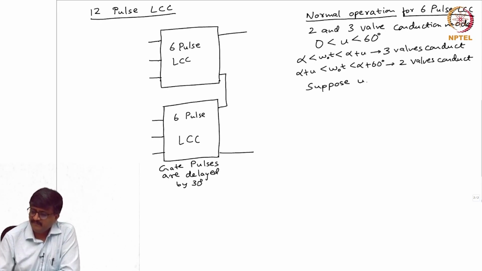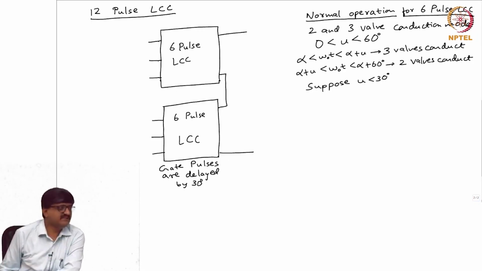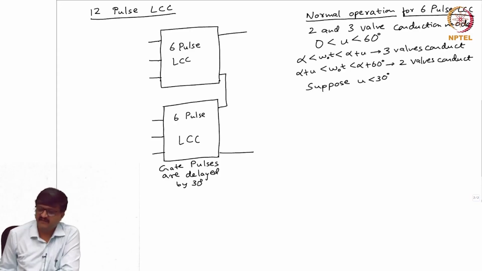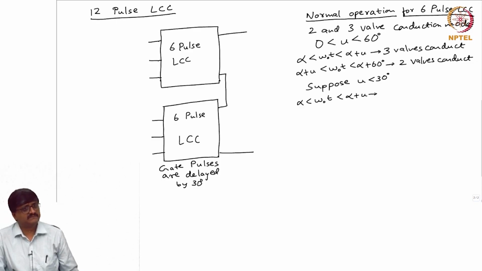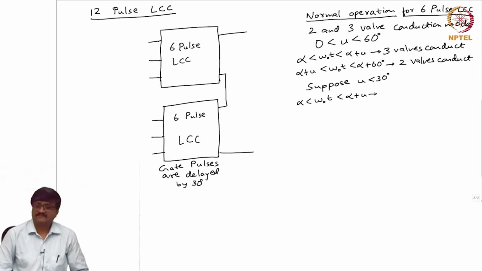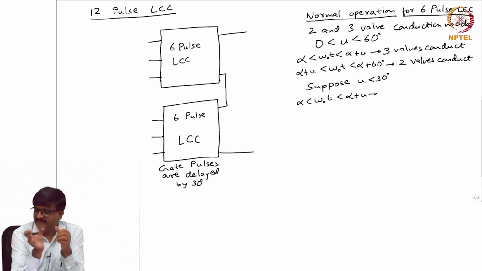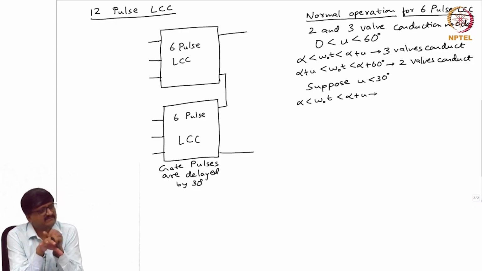Suppose u is less than 30, and of course obviously it is greater than 0. Suppose u is less than 30, then what happens for alpha less than omega t less than alpha plus u? For the first, I have already said 3 valves.